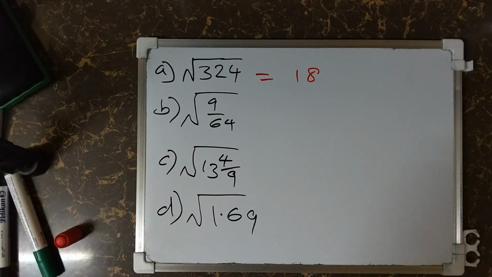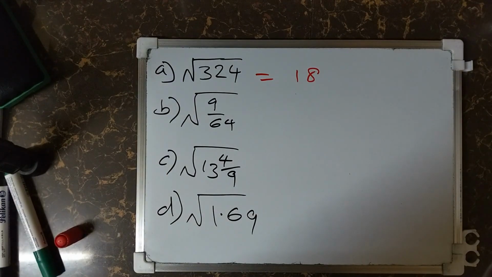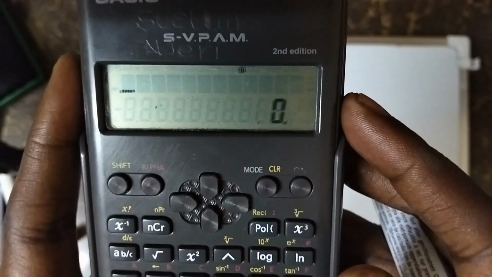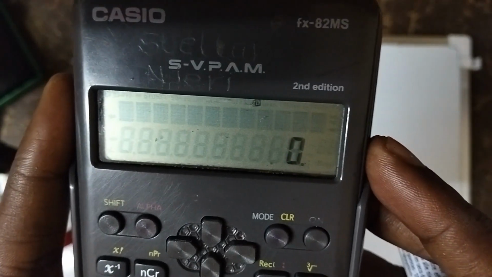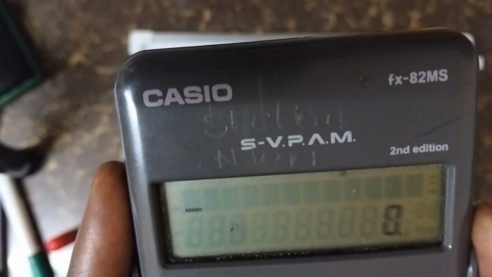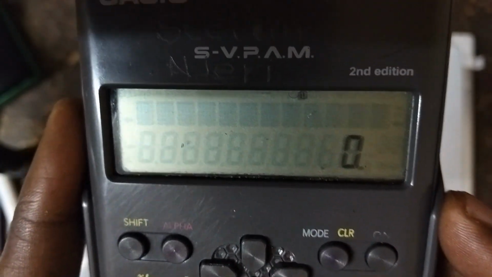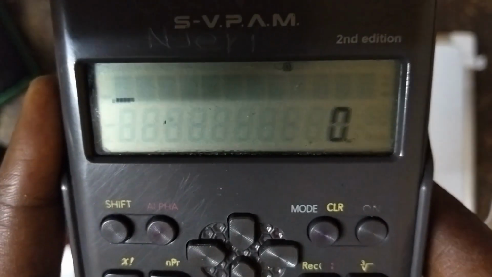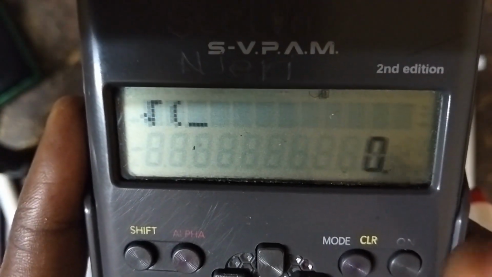The second one is the square root of 9 over 64. That's the square root of a fraction. For the square root of a fraction, we have to use the bracket. Let's press the square root sign, and then we have the bracket here.